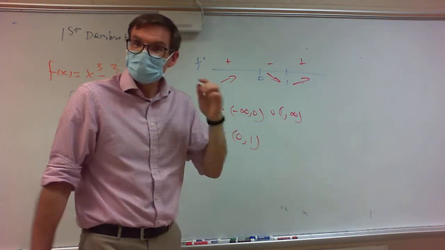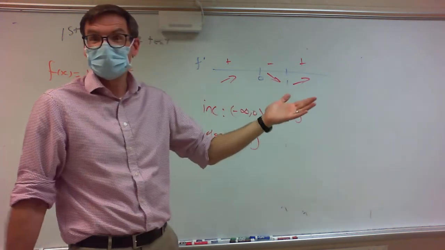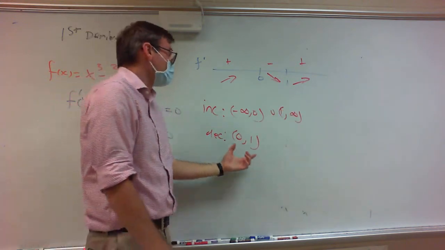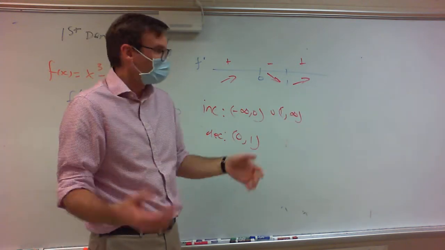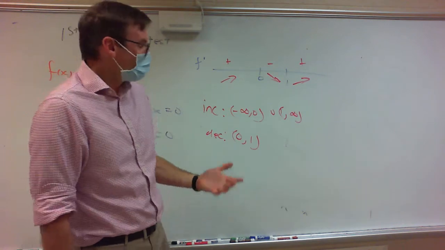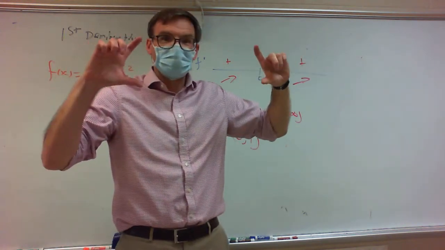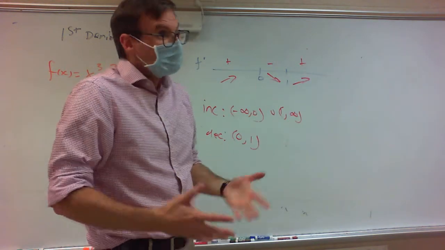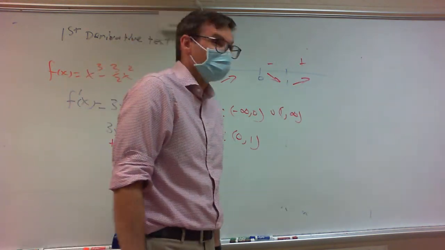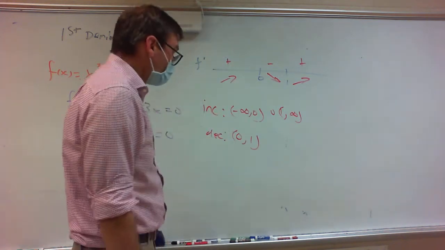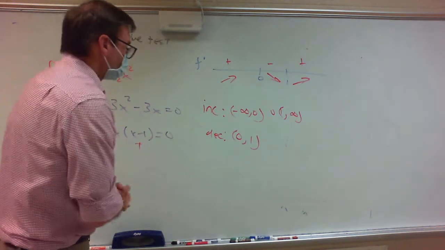Whenever they give intervals for asking where something's increasing or decreasing on the AP exam, they use closed brackets, which I don't agree with, but they never have a question that uses open parentheses. All the choices have closed brackets. Why? I don't know, they didn't ask me. I don't agree with it, but I'm trying to get ready for the test.